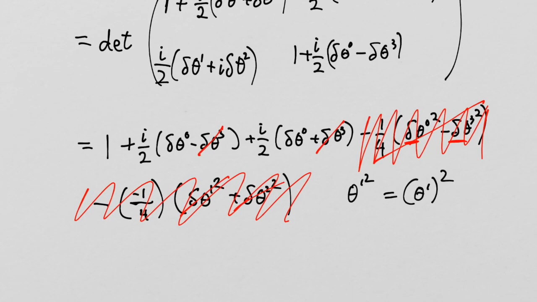So the only thing keeping this determinant from being 1 is 1 plus i over 2 theta 0, which is linear in theta, but I have two of those. So this determinant to first order is not ever going to equal 1 unless theta 0 equals 0.